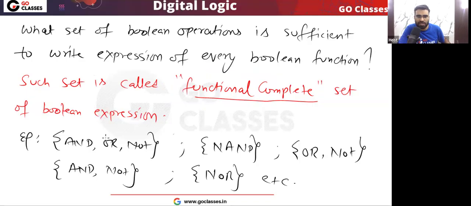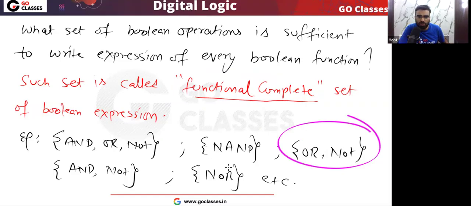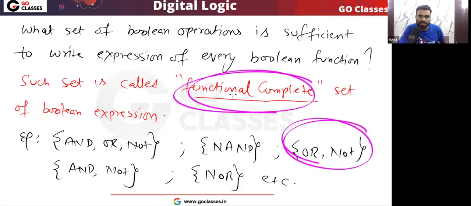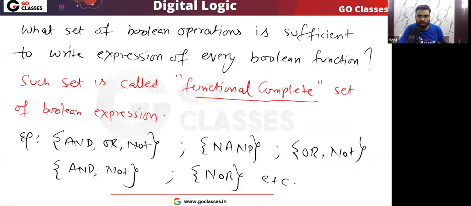For example, OR comma NOT is functionally complete. You don't need AND, NAND, or NOR. Only using these two, you can write the expression of any Boolean function. That is why it is called functionally complete. So this is the simple idea.